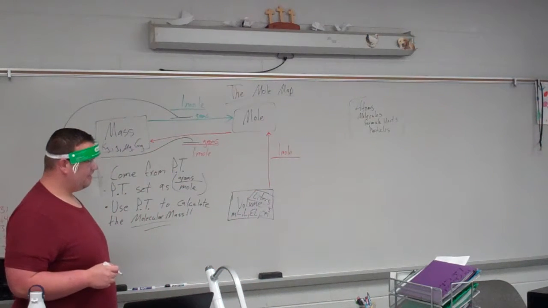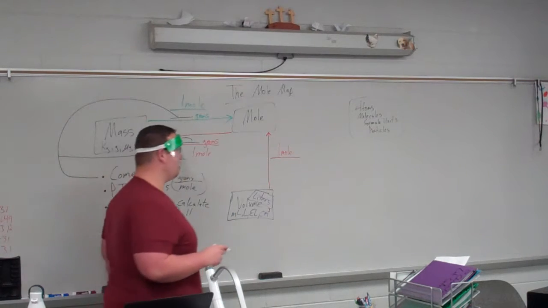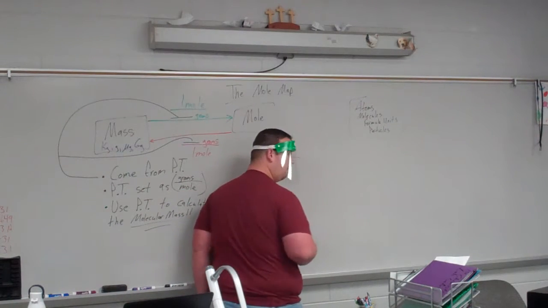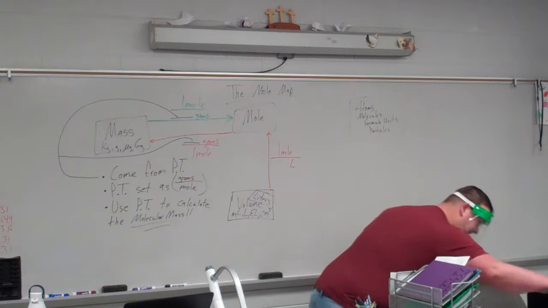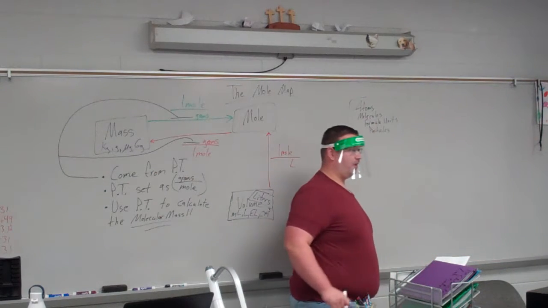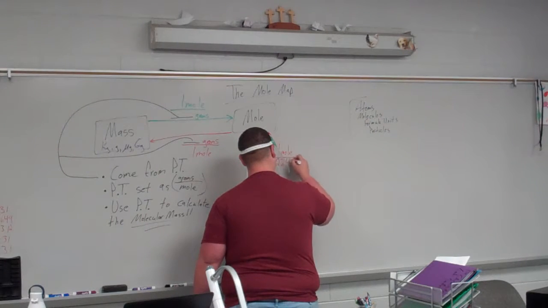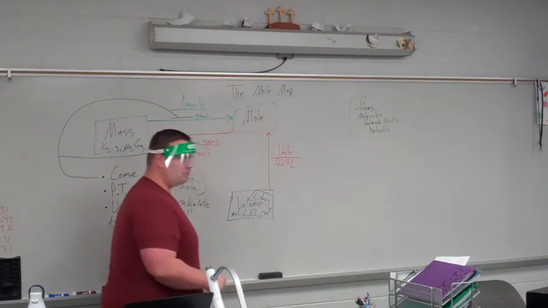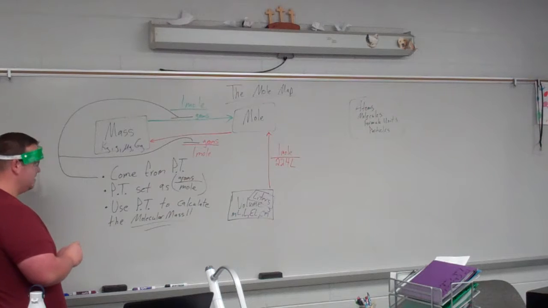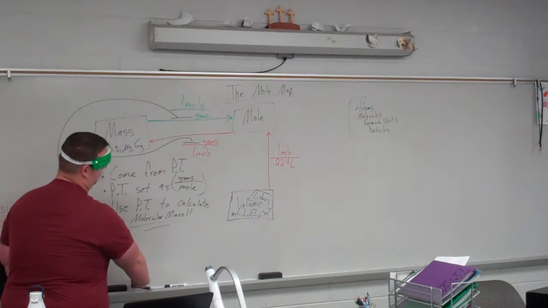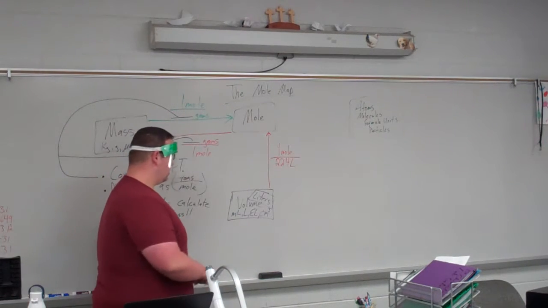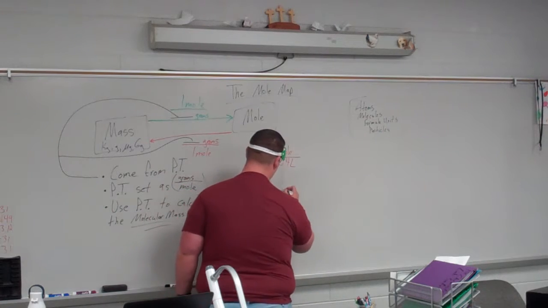What's on bottom? Liters. Which number do you think we're going to put there? 22.4. Look at y'all, I'm so proud. Y'all don't even need me today. Now here's the key. You got to remember the number with this.